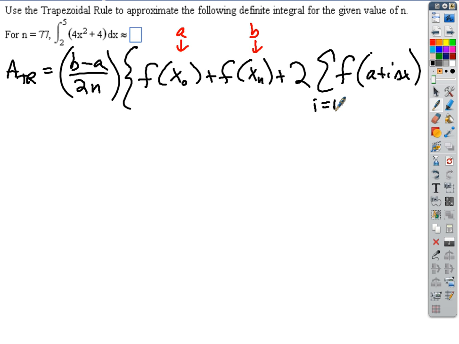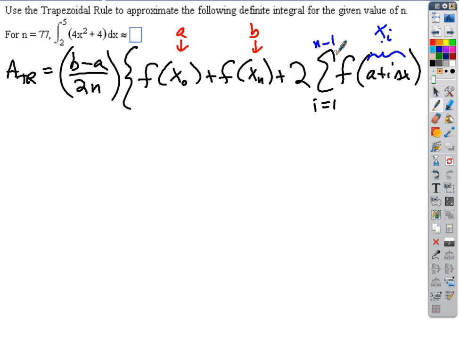It's just the interior sum, right? Notice that x sub 0 and x sub n are outside of that sum. So we're only adding up f of x sub i from 1 to n minus 1.